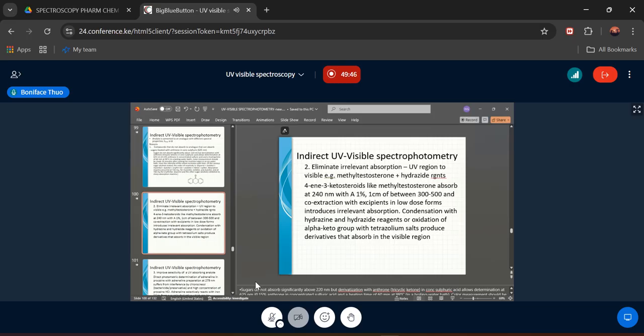And then this facilitates the absorbance to be measured at 240 nanometers. Irrelevant absorption is due mainly to impurities, and derivatizing increases the specificity of the method by eliminating absorbance due to other substances normally encountered in certain preparations.